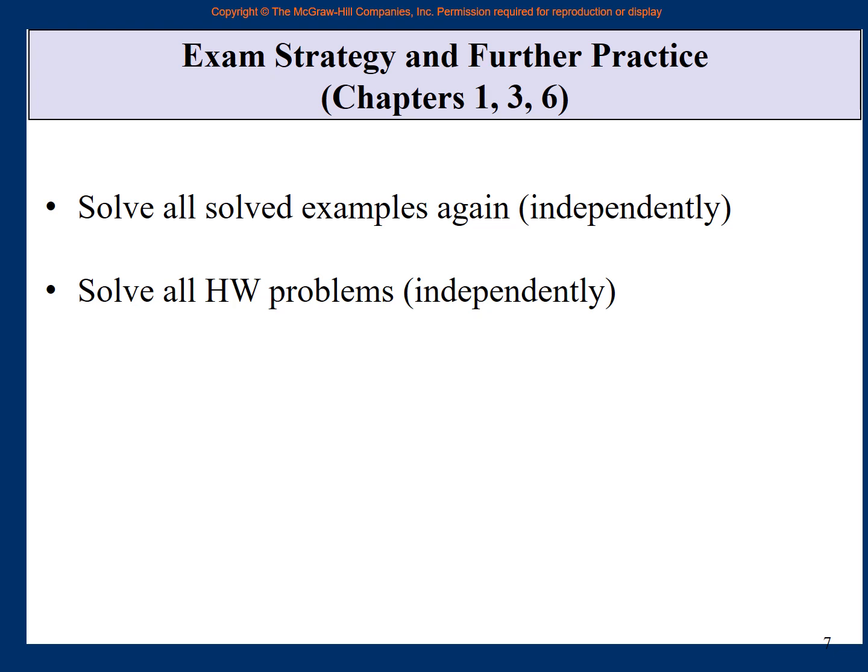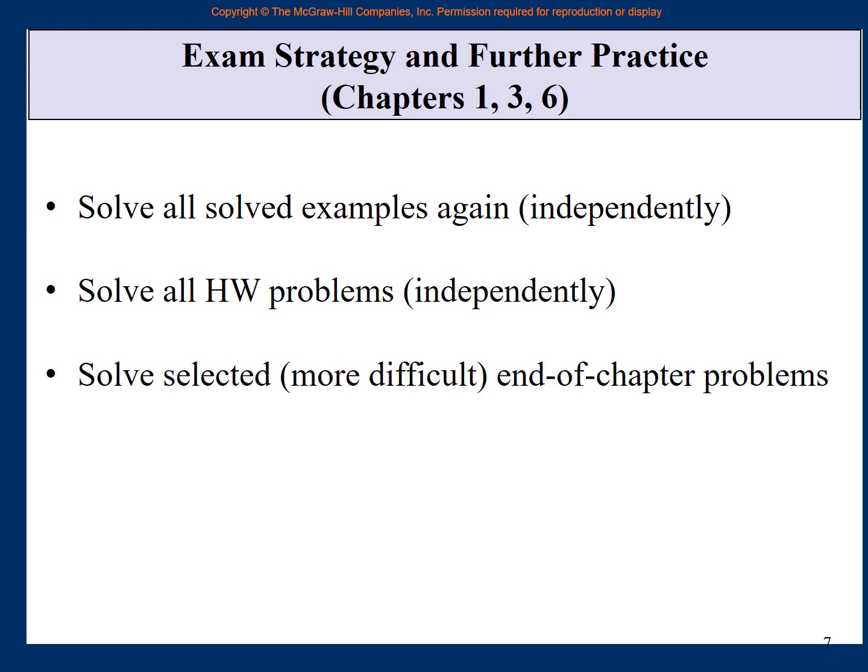If you want to be top of the class, A minus, A and so on, then solve some selected more difficult end of the chapter problems. At the end of every chapter, chapter 3, chapter 6, there are numerical problems given there. It's your choice, you can solve all of them. Some of them are already in the homework.